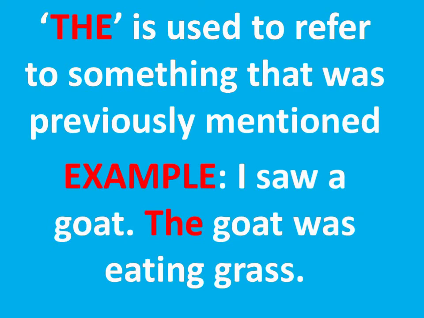If I am talking to you and I say, I saw a goat, end of sentence. Now in the beginning of my next sentence, I will say, the goat. I won't say a goat again. I will say the goat was eating grass. So the there is referring to what I had previously mentioned in the first sentence.